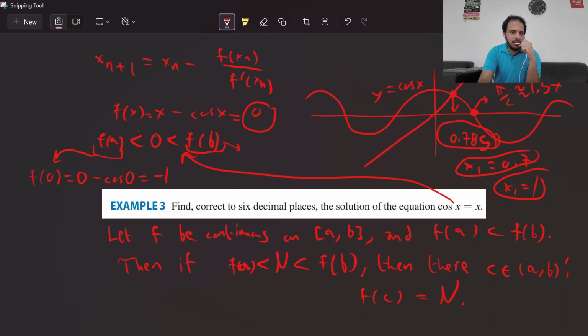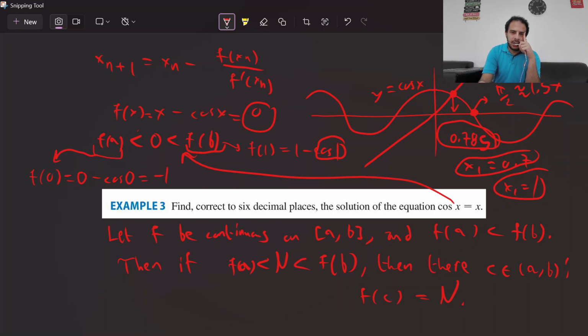For b, what do you suggest? I think we can use 1. Yes, 1 is good. So f(1) equals 1 minus cosine 1. You know that cosine 1 is between 0 and 1, right? Yes.